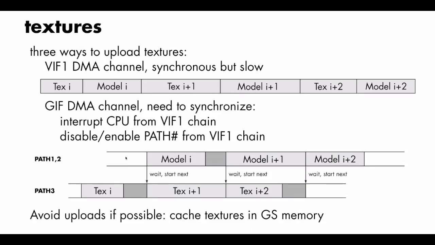So yeah, what you can do is you enable path 3 and disable path 3 from path 1. Actually, from this chain. It's not the path itself.